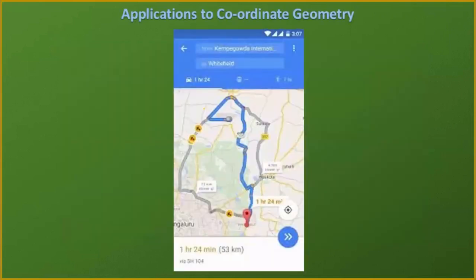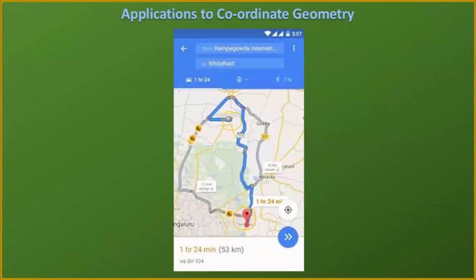Similarly, see one more application. Suppose you want to find the distance between any two cities. Maybe you have used Google Maps many times earlier. With the help of Google Maps, we can find the locations of two cities, and hence the distance between them. Suppose I start from this red point, this is my origin city and this is my destination.